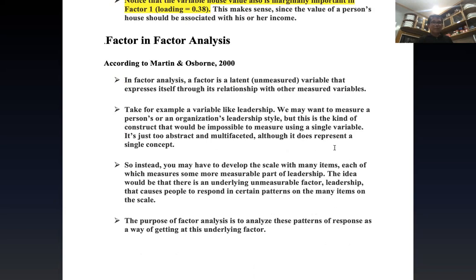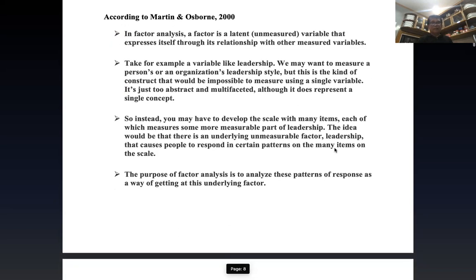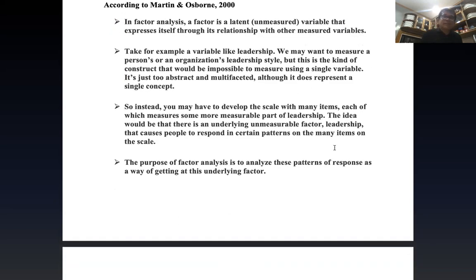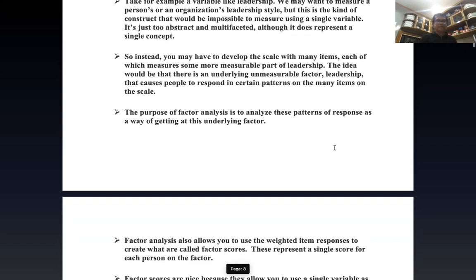So instead, you may have to develop a scale with many items, each of which measures some more measurable part of leadership. The idea would be there is an underlying unmeasurable factor, leadership, that causes people to respond in certain patterns on the many items on the scale. The purpose of factor analysis is to analyze these patterns of response as a way of getting at this underlying factor.